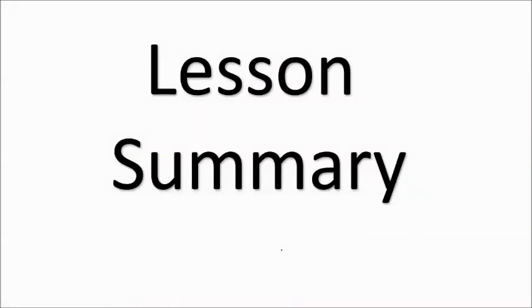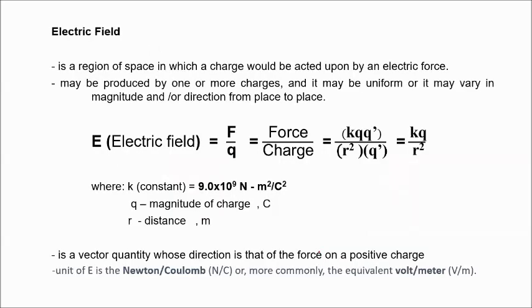Okay, so for our lesson summary, electric field is a region of space in which a charge would be acted upon by an electric force. May be produced by a single or several charges, uniform or constant, depende sa place, no? Okay, electric field is force over Q equal to KQ over R squared.